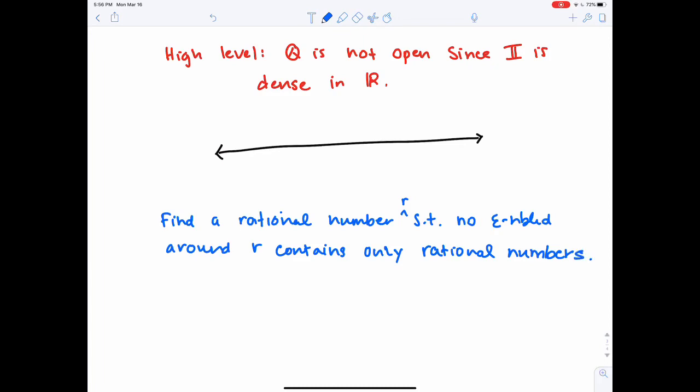You might think about, for example, which points might be good candidates to use to disprove the openness of Q. And it turns out any R in Q can be used to show Q is not open.